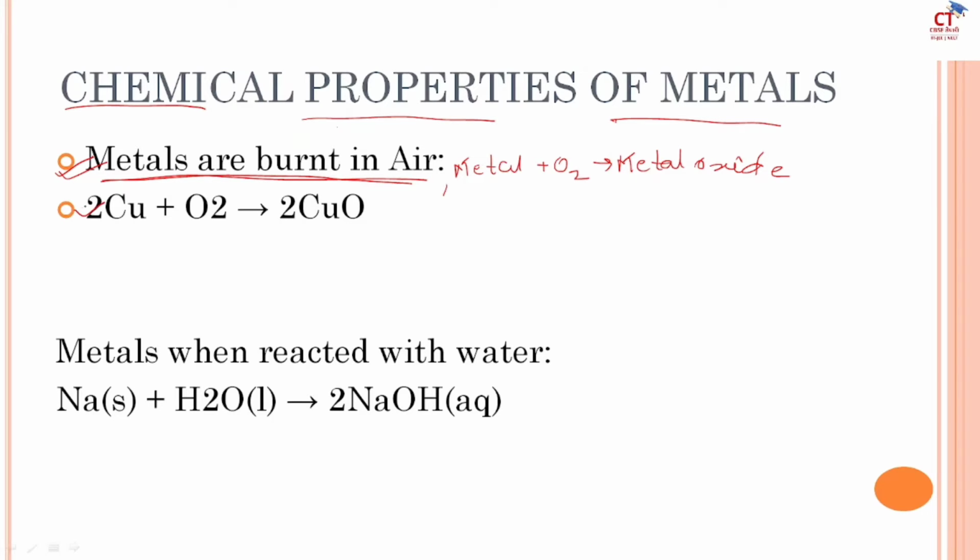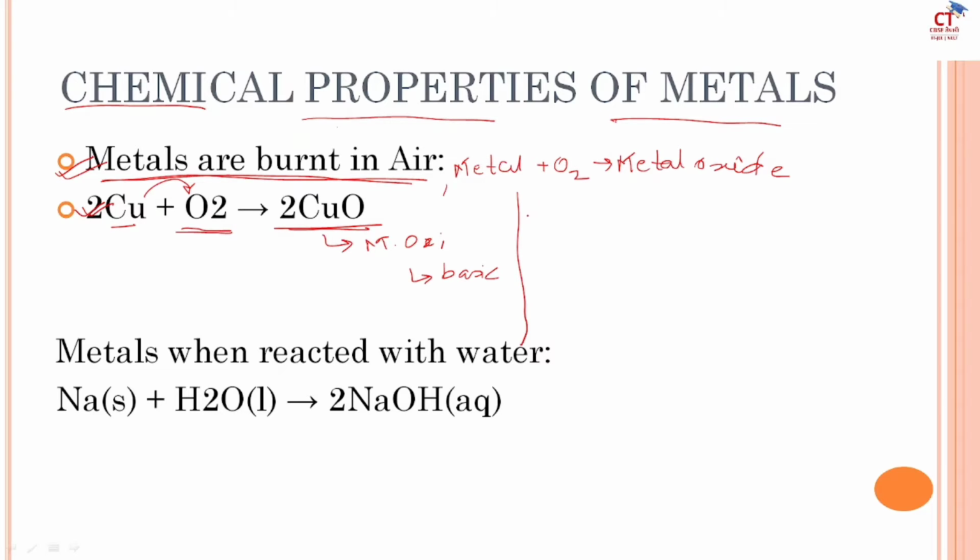Let's see an example. Here we have copper, and when burned with oxygen, when reacted in the presence of oxygen, it will give you copper oxide. This is a metal oxide, and we have learned metal oxides are basic in nature. However, there are different metals that react differently in the presence of air.